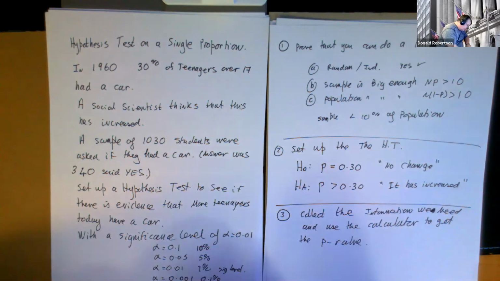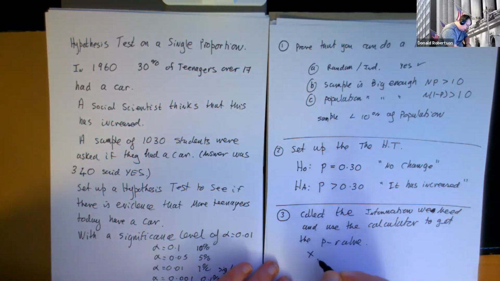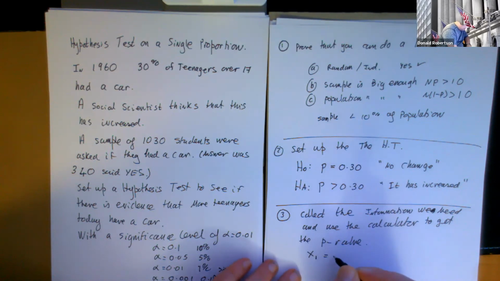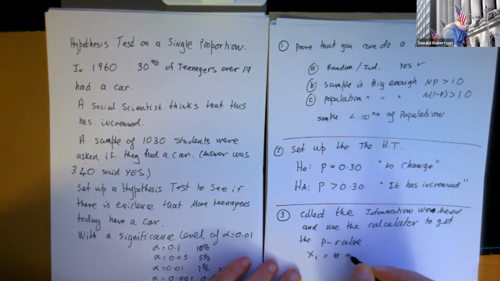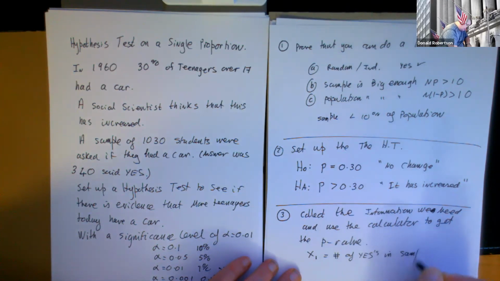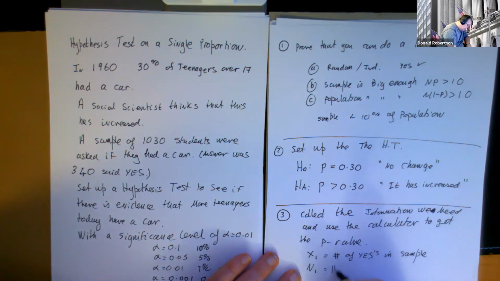So what's the information you need in these stories? You need to know X1, and that is the number of yeses in your sample. And you need to know N1, which is the number of people in your sample.